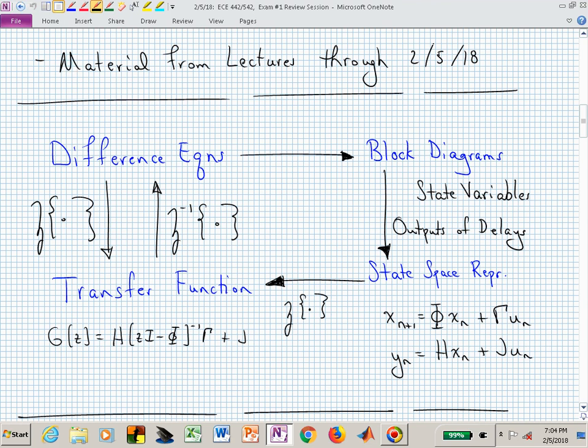They will be equivalent, and if all of you computed the transfer function and you didn't have any mistakes, all of your transfer functions should be the same, even though your state space representations may not be equal to each other. They would be equivalent, but now I'm making a distinction between equivalent and equal.